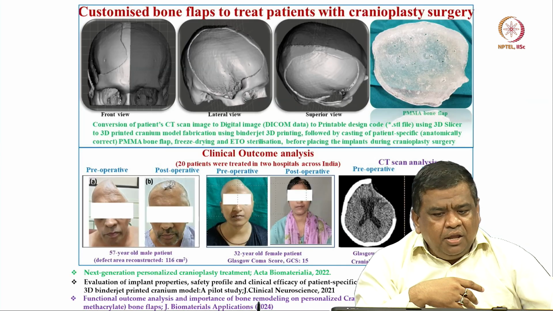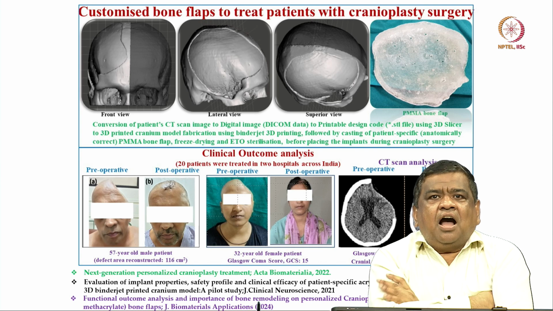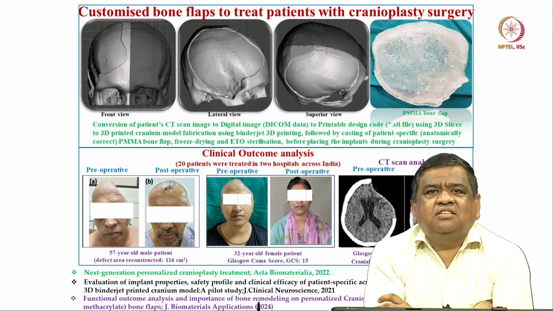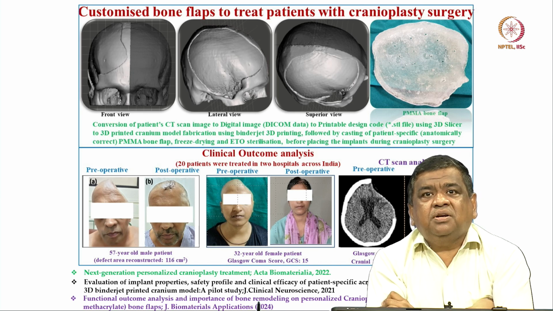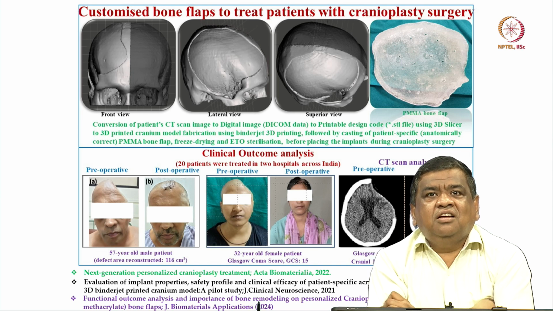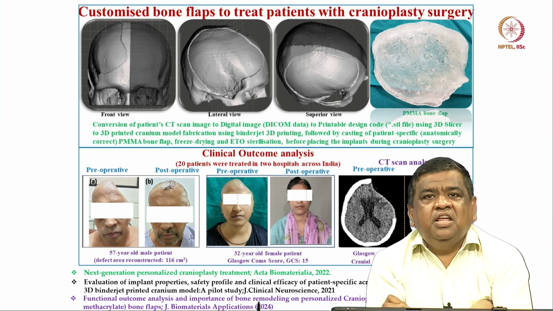So, a manufacturer cannot manufacture these bone flaps with a range of sizes and supply them to the hospitals, particularly the neurosurgeons, saying that these are the range of sizes and most of the patients' cranial defects will fall in these sizes and you can safely use them.